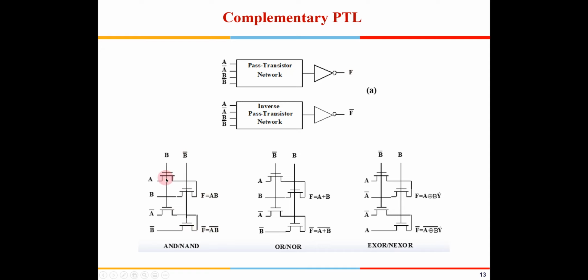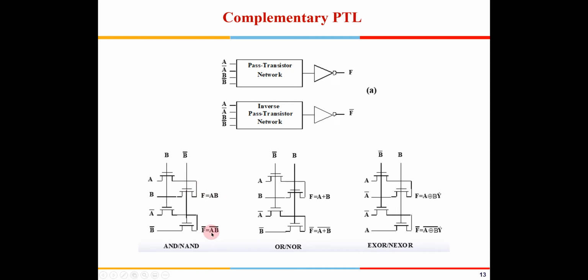Now if you see here, if A is equal to 1, B is equal to 1, it will be 1 here, and if B is equal to 0, then it will be 0 straight away out here. And if B is equal to 1 and A is equal to 0, then also. So this is A and B, right?